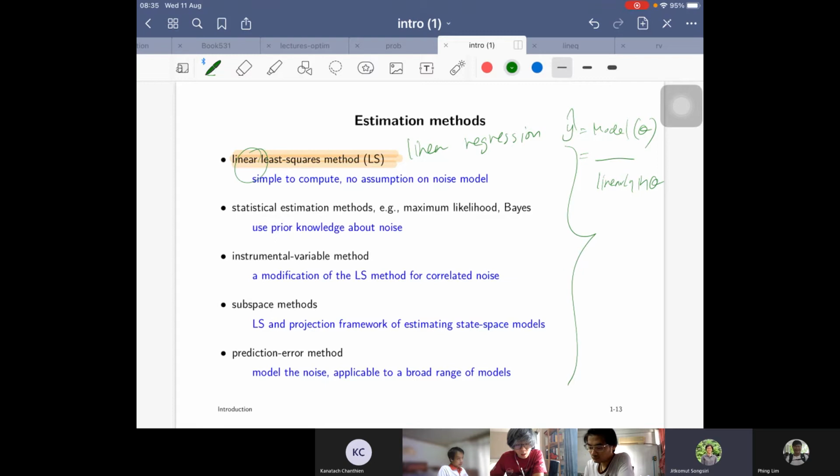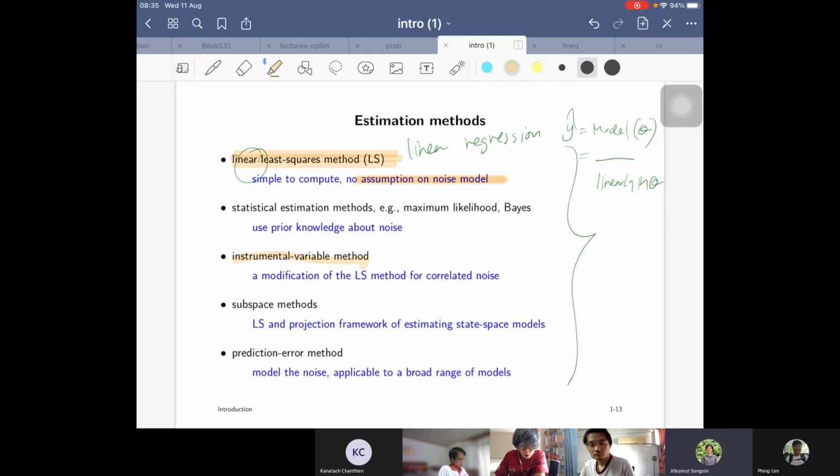Linear least squares is very simple. It doesn't use any knowledge about the noise, and that's why it has some disadvantages in some circumstances. So that's why people developed the instrumental variable method.